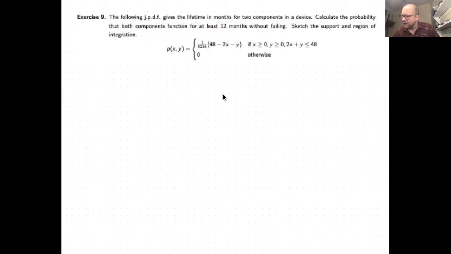And the joint probability distribution function that we're given here has, I think, a 9216 in that fraction there. Let me peek over here at a different source. Let me just check on this real quick. File, open recent, the 224 handouts, applications.